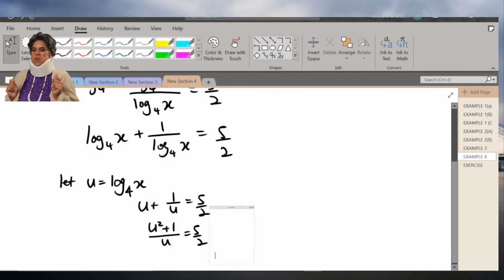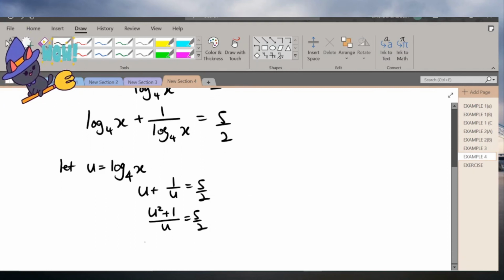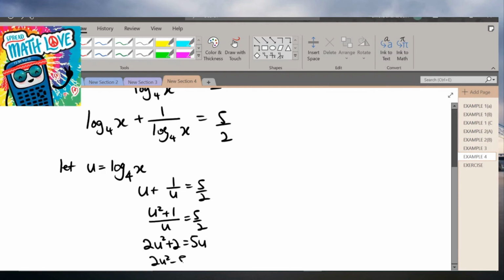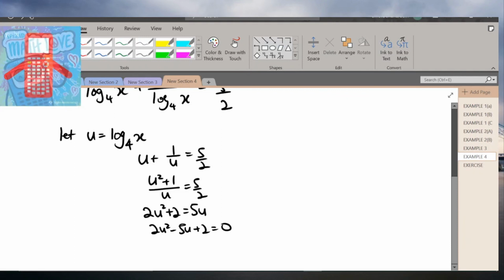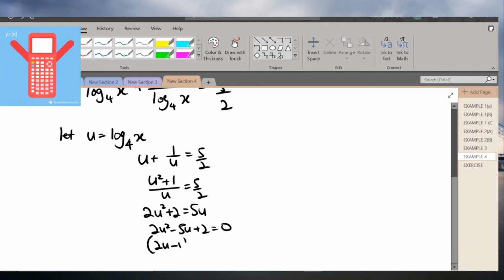Once we do that, we can get 2u squared plus 2 is equal to 5u, and rearranging it, we get 2u squared minus 5u plus 2 is equal to 0. Next, we will factorize. We will get 2u minus 1 times u minus 2 is equal to 0.